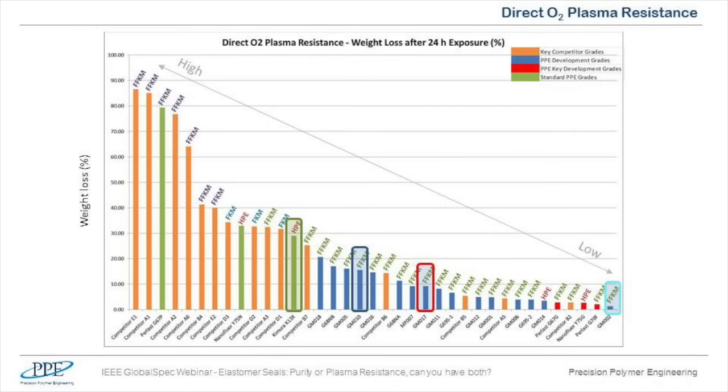We expose all the O-rings directly to plasma and check the weight loss of each material. This chart is for direct oxygen plasma, which is mainly ion bombardment on the samples rather than chemical attack. I'm going to show similar charts for weight loss tests in 4 other plasma chemistries. As you can see, the charts are quite simple, but there are a lot of data points.